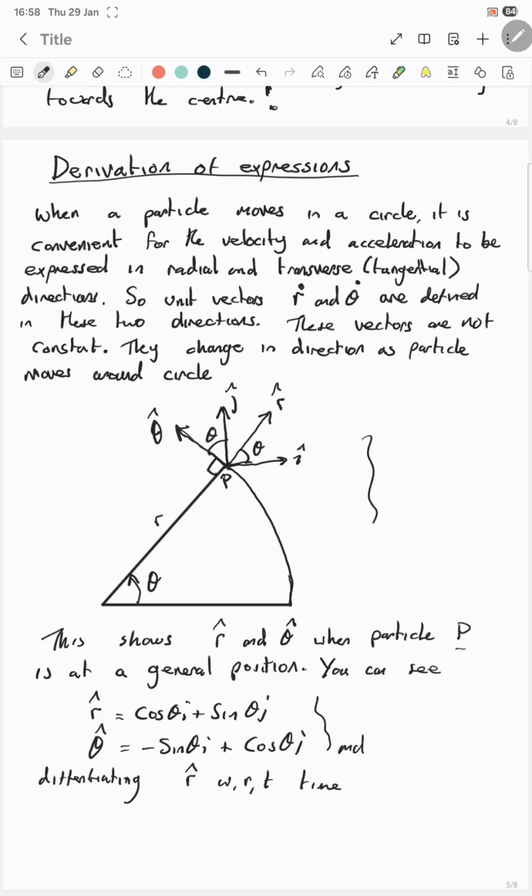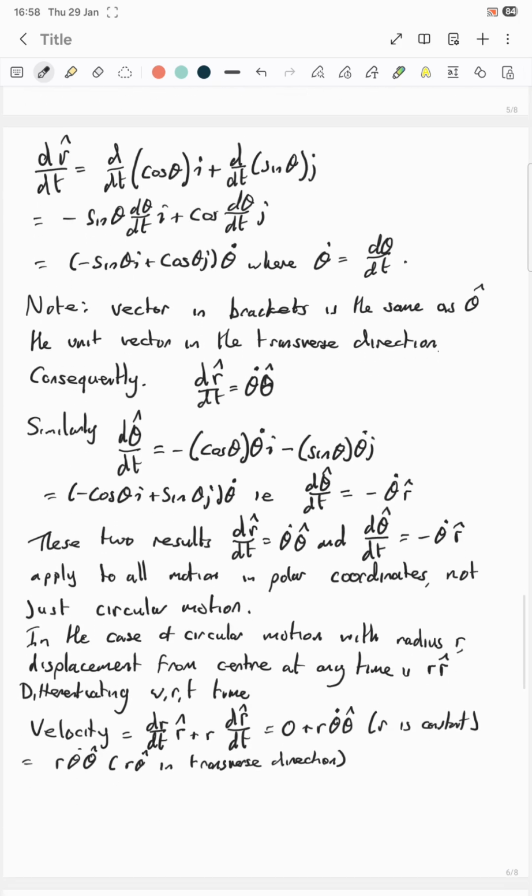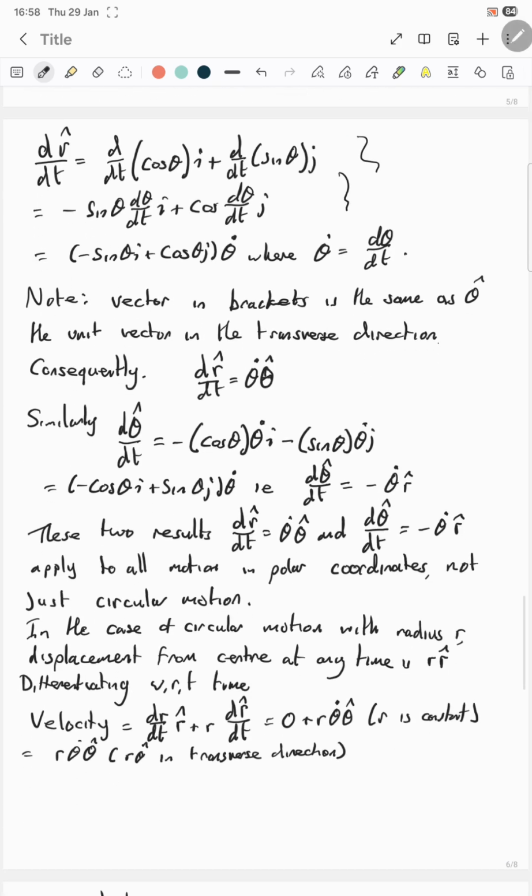Now you can see here, given in general polar coordinates, r hat equals cosine theta i plus sine theta j, and likewise theta hat equals negative sine theta i plus cosine theta j. And differentiating r hat with respect to time, we get this here, which equals this, where theta dot equals d theta by dt.